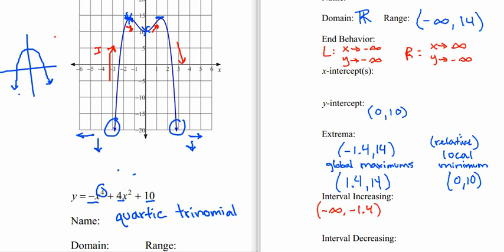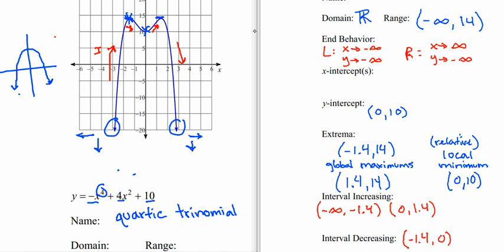Okay. And you'll notice that with intervals, you bounce between the increasing and decreasing. So now we're going to come down here. At negative 1.4, which is this point up here, it starts to decrease until it gets to this local minimum, which occurs at 0. And then, boom, it bounces back up to increasing. From 0 until 1.4, the function will increase again.